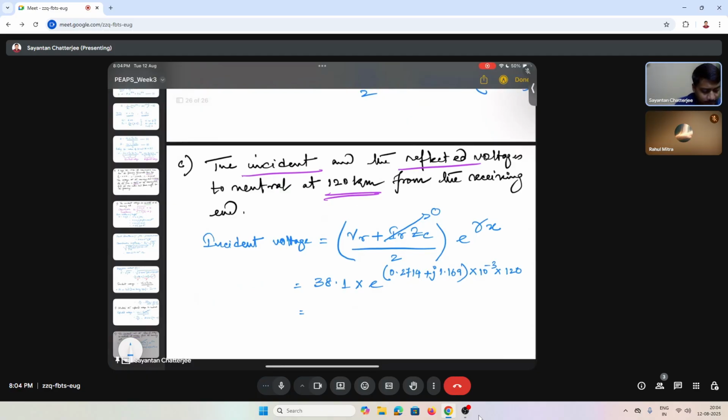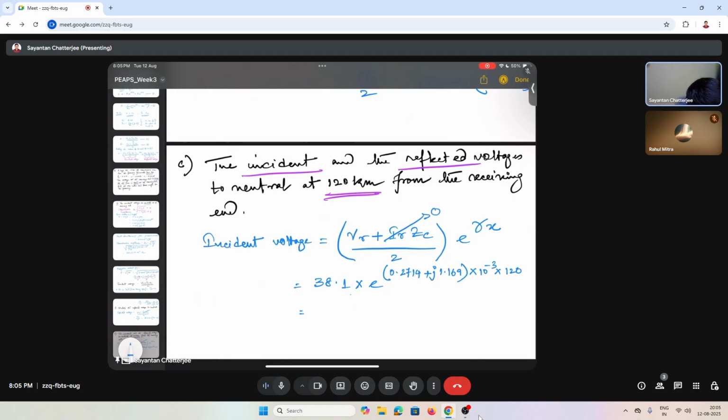So I have the final value, okay, so I can write the final value. If you are calculating, you can match it, but you can do it later on.